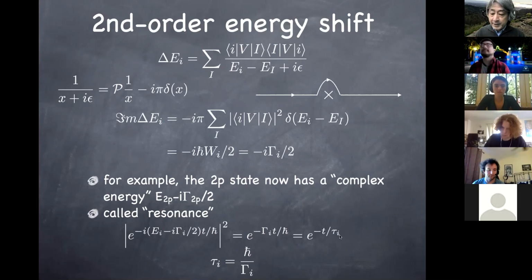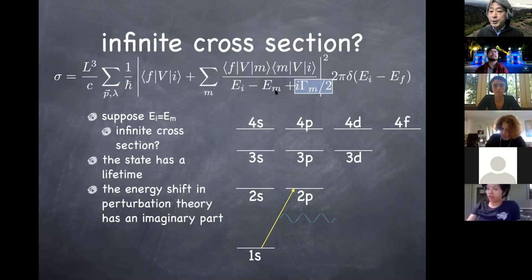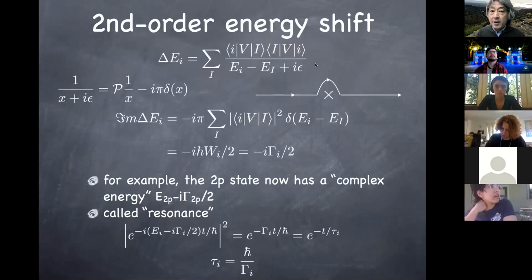So let me repeat this once again. We had this apparent paradox that some cross-section seems to be infinite. But this problem can be avoided if you accept the fact that energy of the intermediate state has a slight imaginary part in it. And this slight imaginary part is nothing but the consequence of the energy shift at the second order perturbation theory.